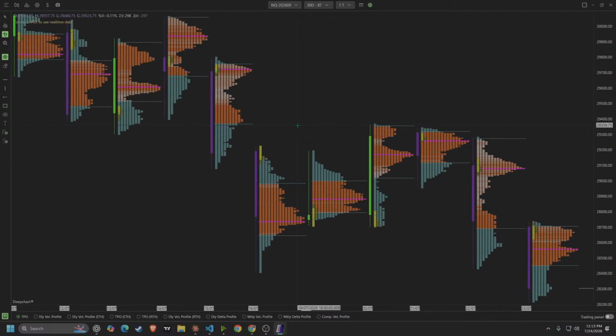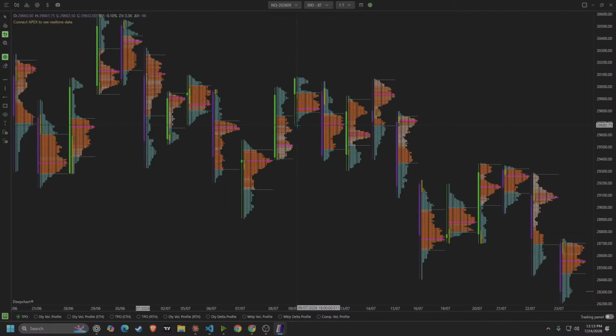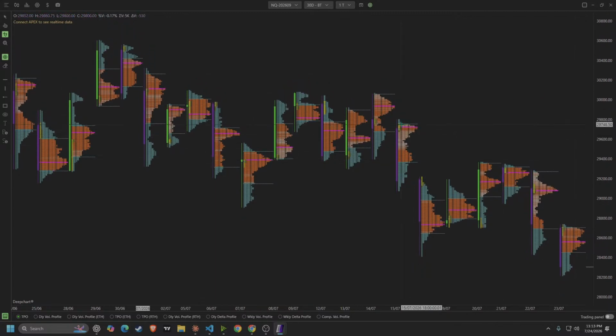Right, and this is a TPO chart. So it's a profile based on time price opportunity. So the time that price spent at certain price levels.